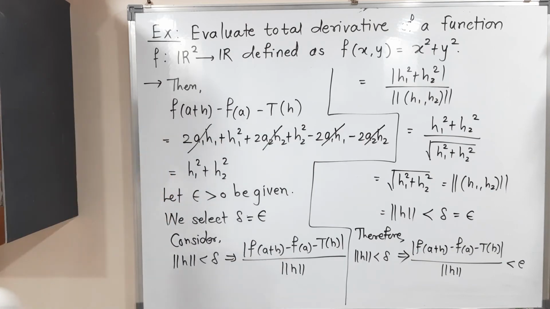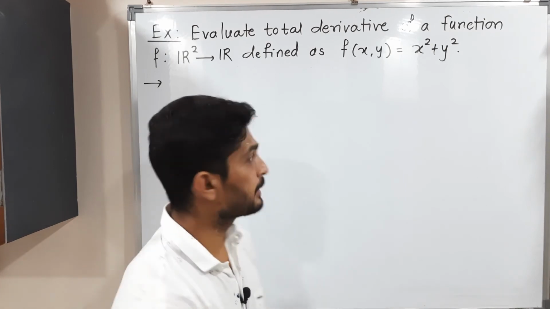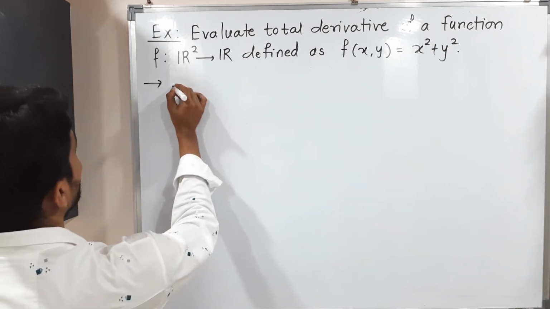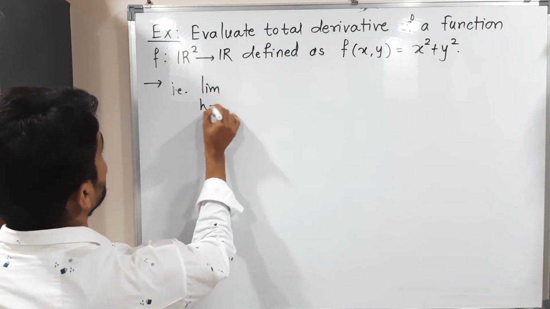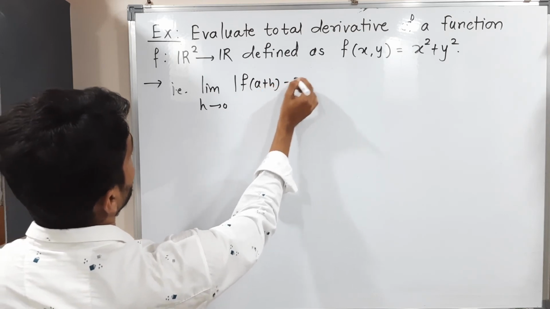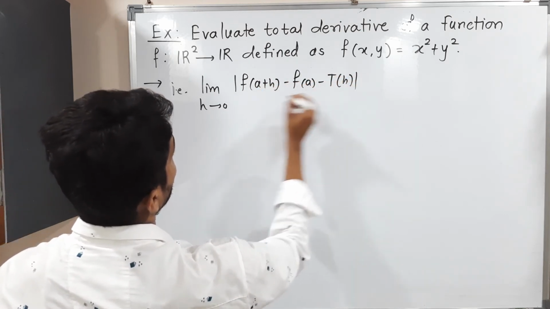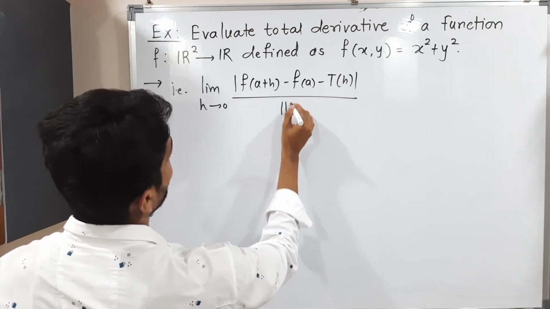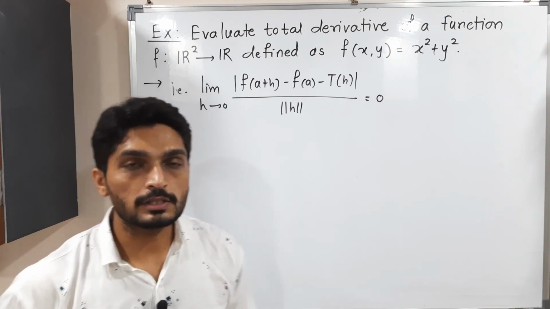I'll write it further, but first you have to make a screenshot of it. So in terms of limit we can write, limit h tends to 0 of mod f of a plus h minus f of a minus t of h divided by norm h is equal to 0. Definition is satisfied.